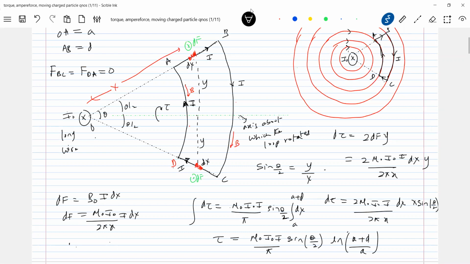Sir, that should be only into d, no, sir? The x and x will get cancelled, sir. Oh, sorry, dx. Okay, x is not there in the denominator. This should be x. It will be a plus d.